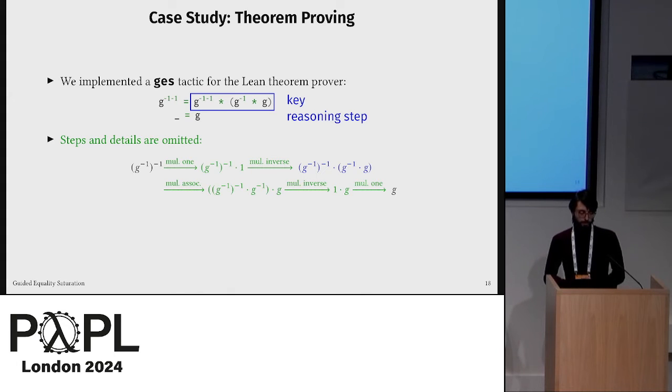So here the blue box is guides for our technique. And compared to the proof that you would have to do if you were applying every rewrite rule by hand, this allows you to omit a lot of steps and details. So you don't need to mention which rewrite rules you're using, and everything that is in green here is inferred for you or discovered for you.